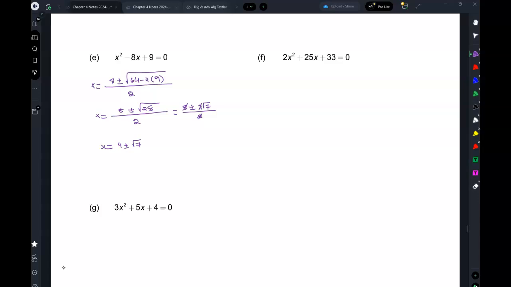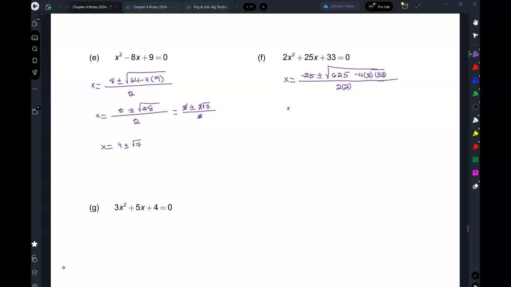No, keep it as a. So here, x equals negative b, so negative 25 plus or minus the square root of, what's 25 squared? 625 minus 4 times 2 times 33 all over 2 times 2 is 4.